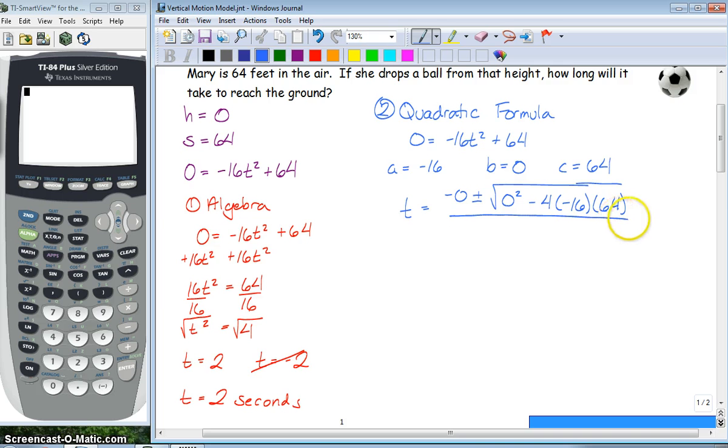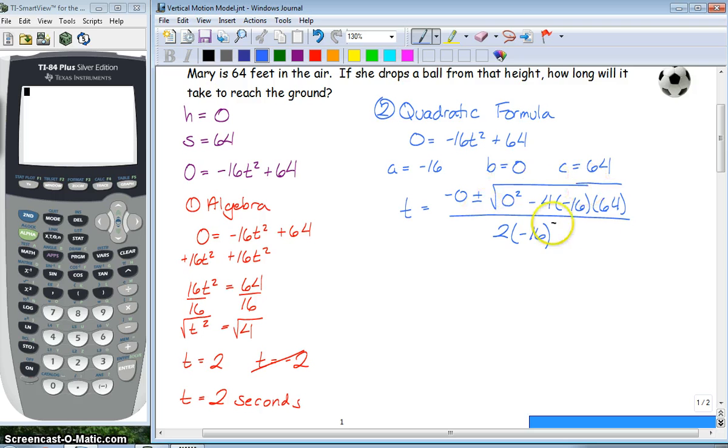Finish up the rest of the quadratic equation. This is all going to be over 2a. So I have t equals negative 0 plus or minus the square root of 0 squared minus 4 times negative 16 times positive 64 all over 2 times negative 16.